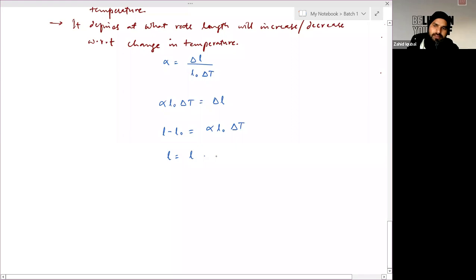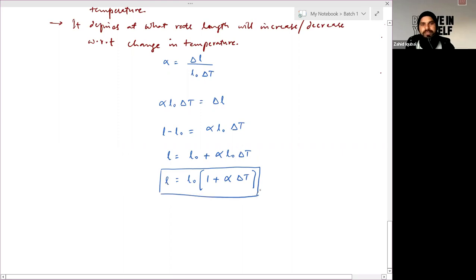So L equals L naught plus alpha L naught delta T. Take out L naught as common. So you'll get L equals L naught times 1 plus alpha delta T. So this will be your final expression of calculating length at any change in temperature delta T.